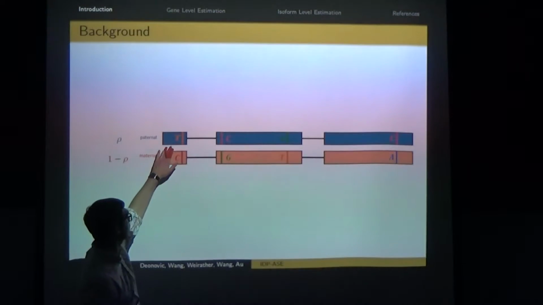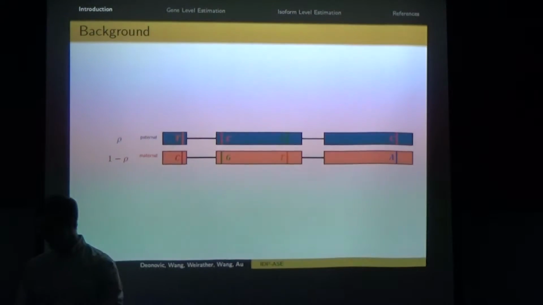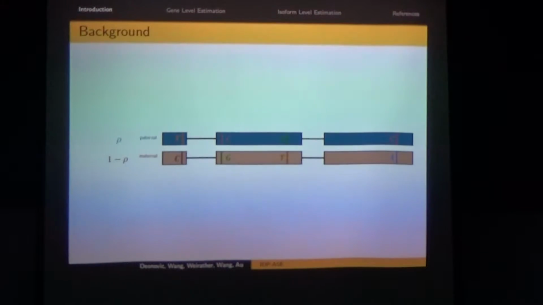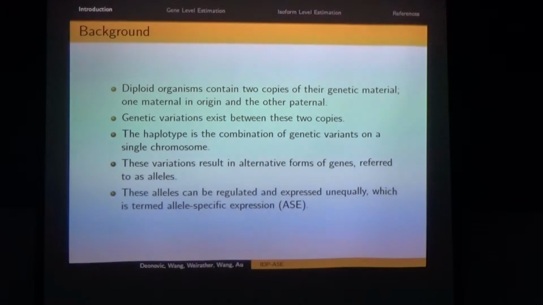So here you can see this one has TCGC and this one CGTA. Now this combination of variants is known as the haplotype. And these variations result in alternative forms of genes referred to as alleles.